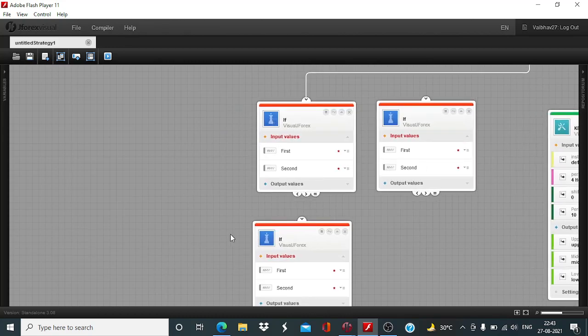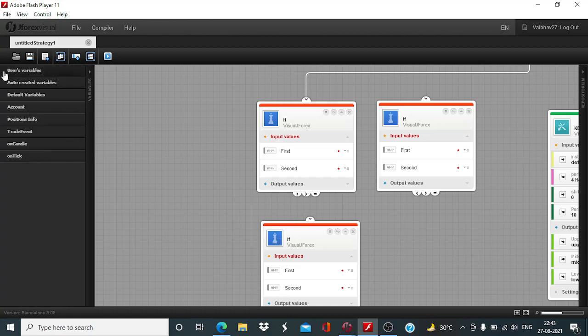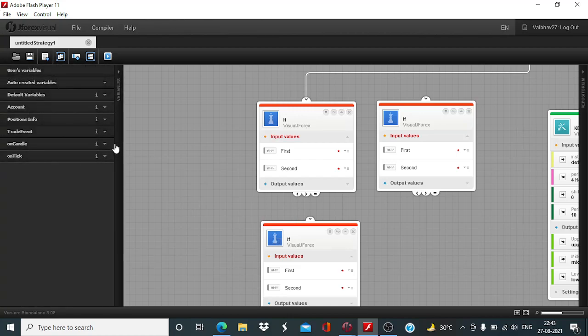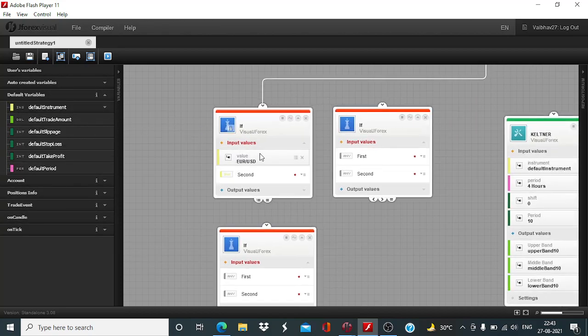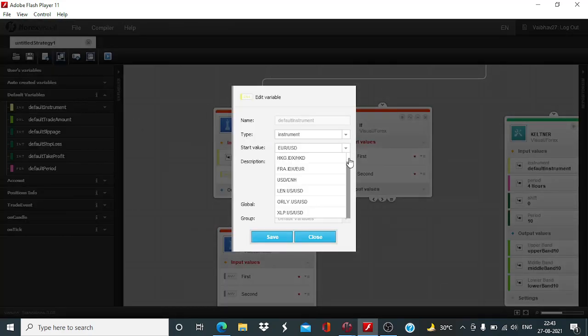Here we will have to take the default instrument. Default variable, default instrument. I will change this to USD JPY. This time around we will work with the USD JPY as the instrument of choice.